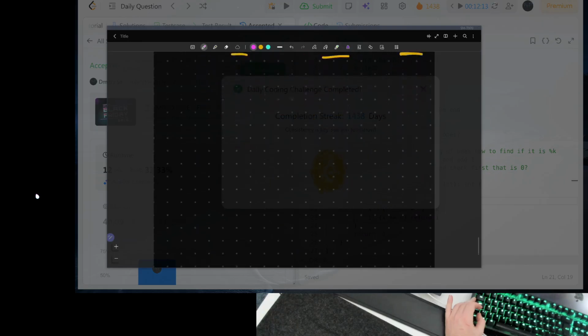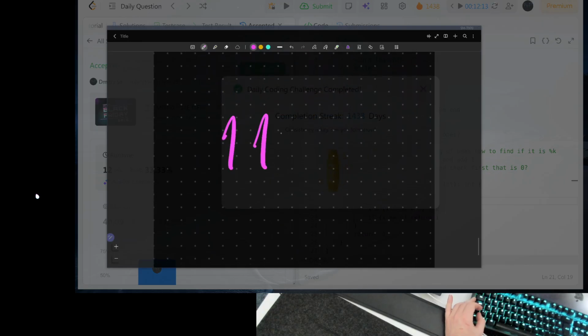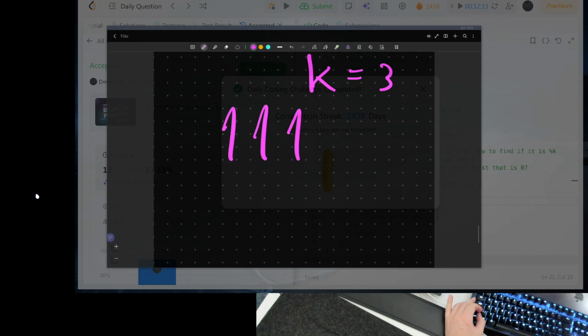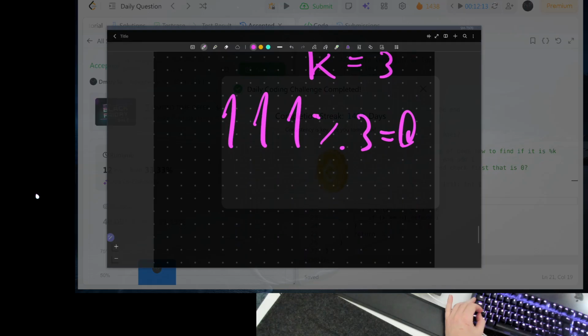For example, we have the number 111 and k is 3. That means if this modulo is 0, we can say that 37 times 3 is 111.